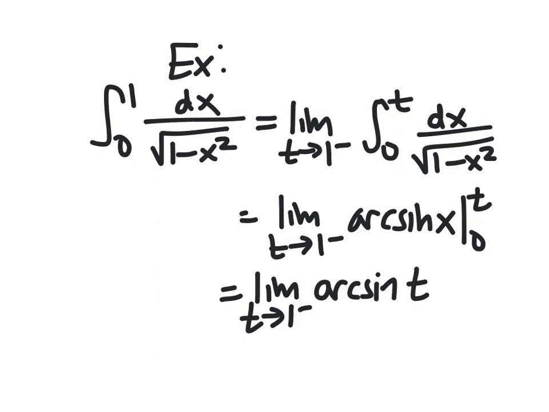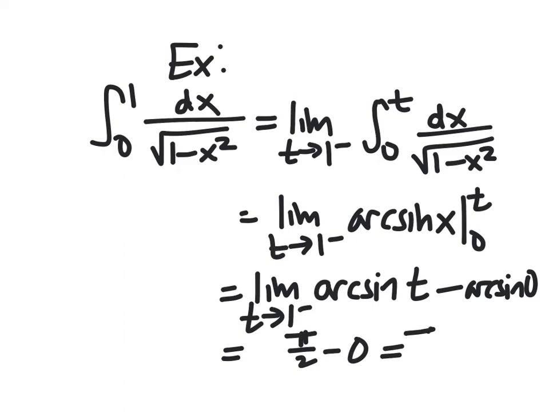So we're approaching the value 1. We need to find what radians gives us that. So that should be pi over 2, right? Sine of pi over 2 is going to be 1. And then minus arcsine of 0. Well, when is sine 0? At 0. So it's pi over 2 minus 0, or pi over 2. And this is another one, again, that converges.